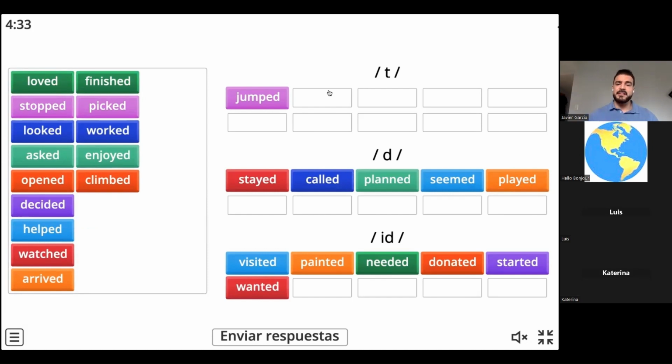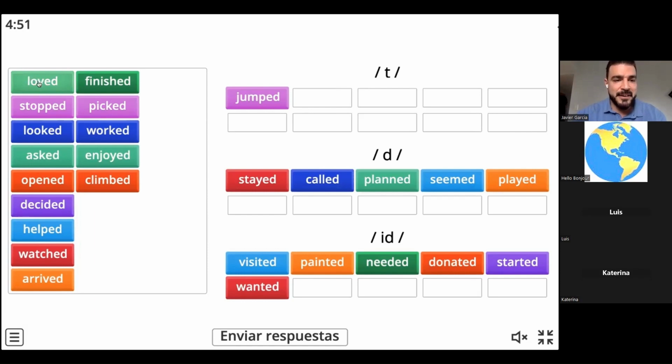So since it's not in the category of the T sound or the ID, it's going to be pronounced like a D, okay? For all other consonants and vowels, it's going to be pronounced as a D. It's a little confusing at the beginning, and this is one of our first lessons with this. But with practice, you will be improving with this. It's just practice, all right?